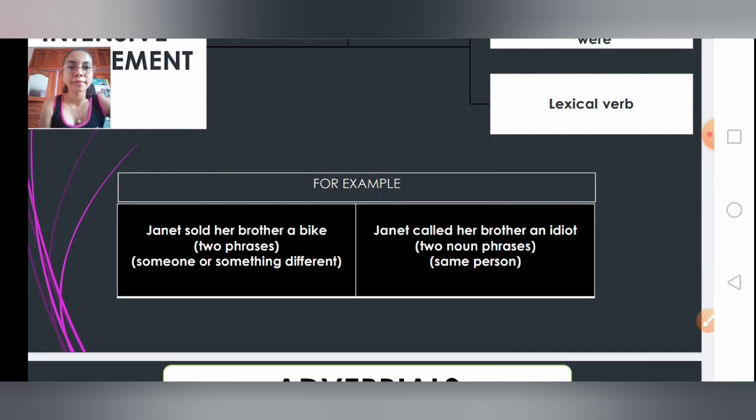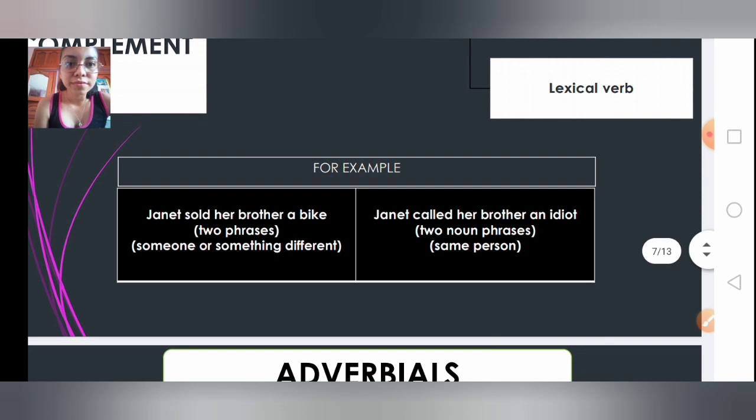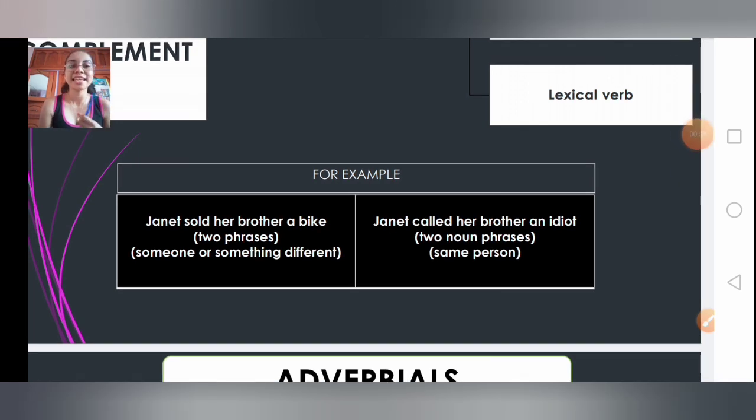if we compare these two sentences, Janet sold her brother a bike and Janet called her brother an idiot, you'll see that in the first sentence there are two phrases after the verb, each one referring to someone or something different, while in the second sentence there are also two noun phrases after the verb.